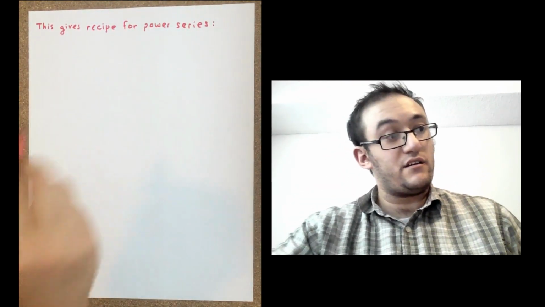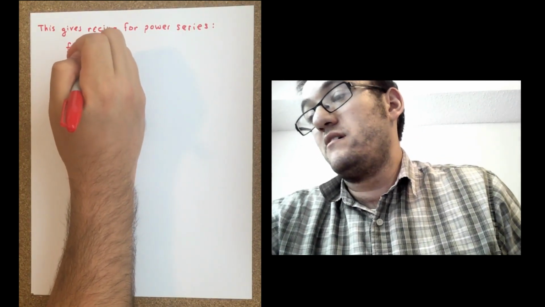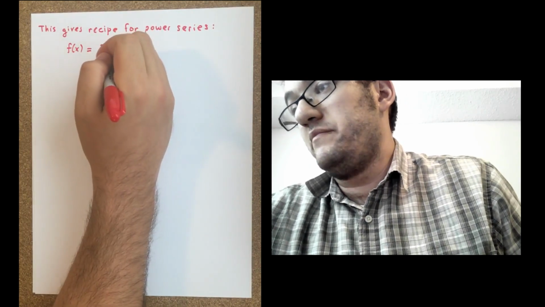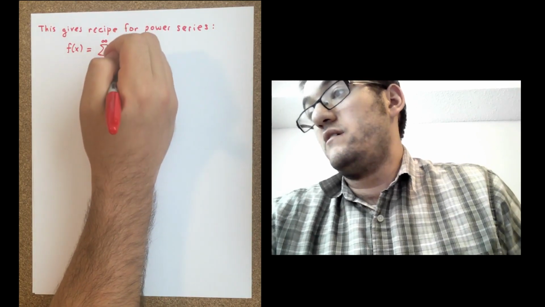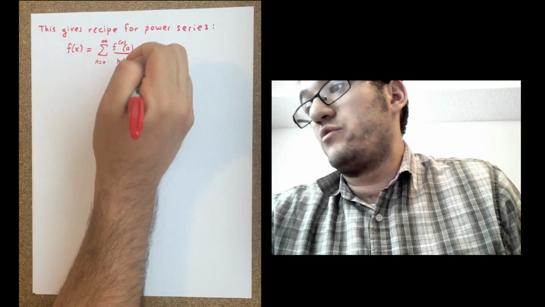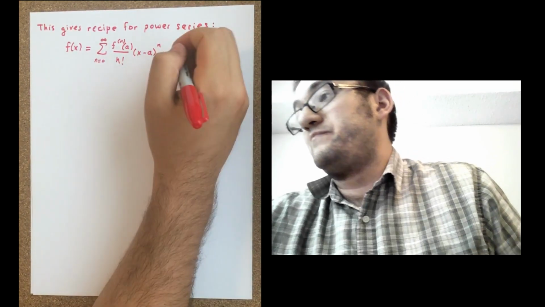Okay, in particular, we can write f of x is equal to the sum from n equals 0 to infinity of the nth derivative at a divided by n factorial times x minus a to the n.